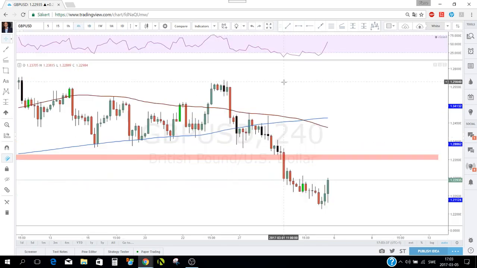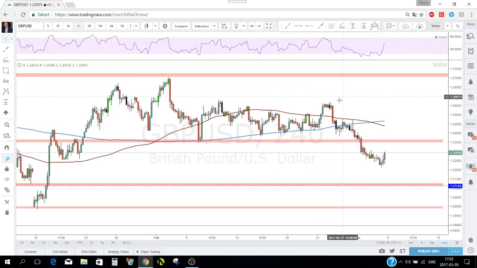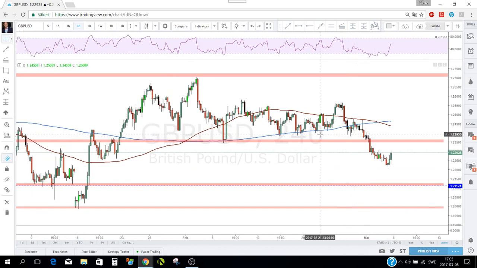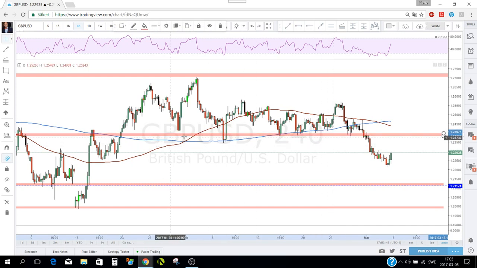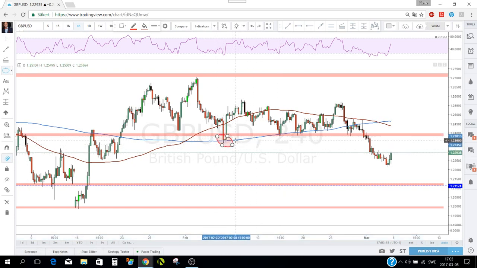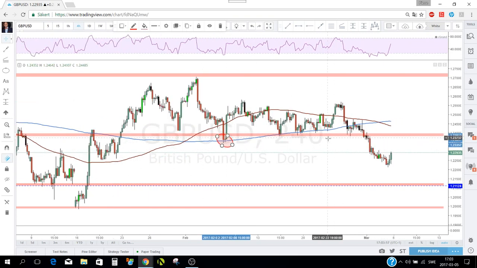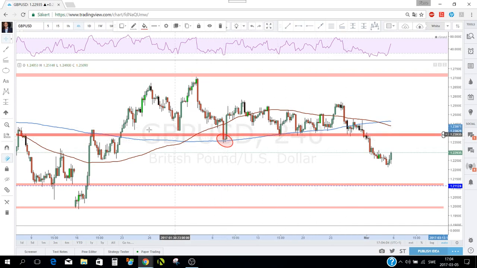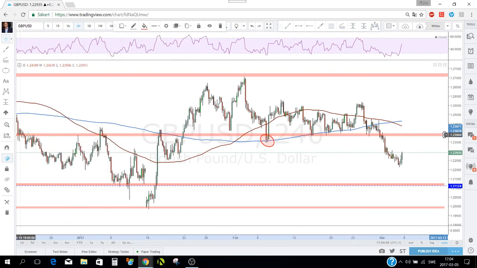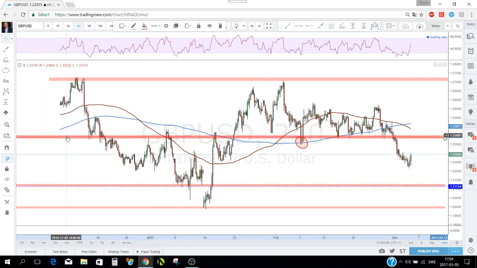So for this pair, what I will be looking at, because this structure was a very good structure, as you see here, if you want to count this as a fake out, then this structure here is more clear: support, support, support, support, fake out, and here it was a resistance level and a support level.